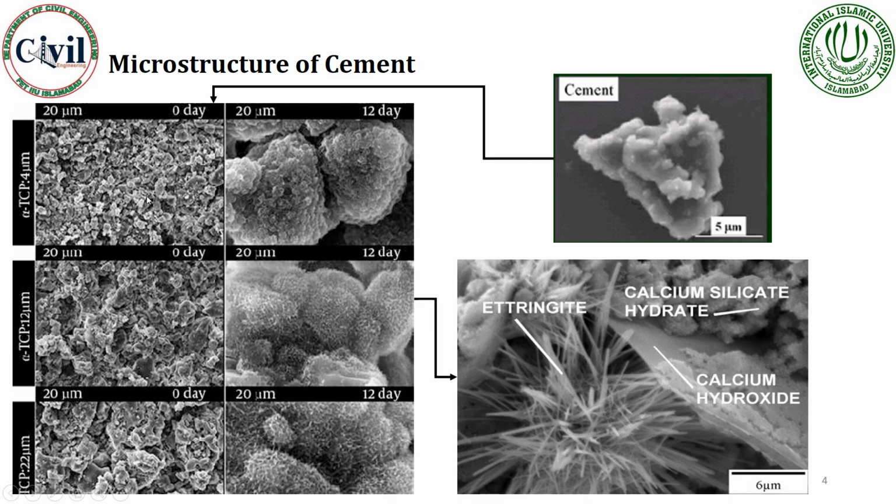This slide is basically to make you understand how the cement hydrates and how the hydration products expand during the hydration. On the other hand, you can see that the cement particle size over here is much smaller. After 12 days, the particle size of the hydration products is much higher.